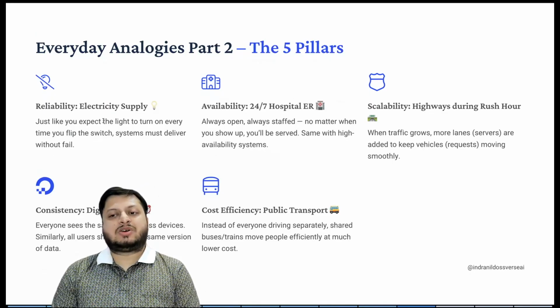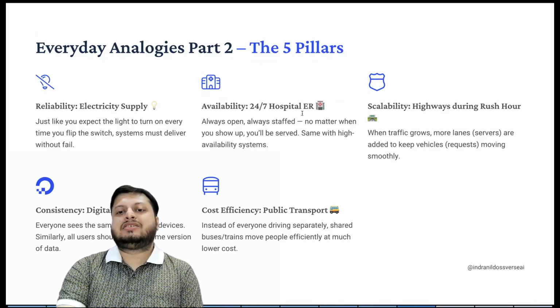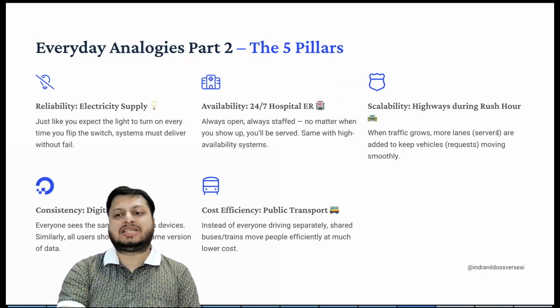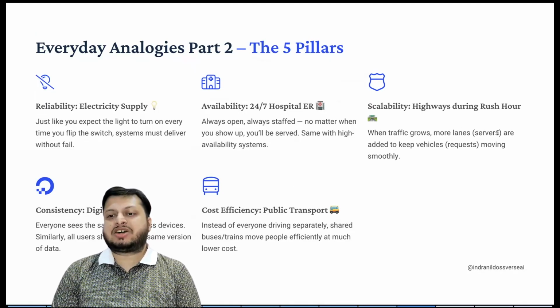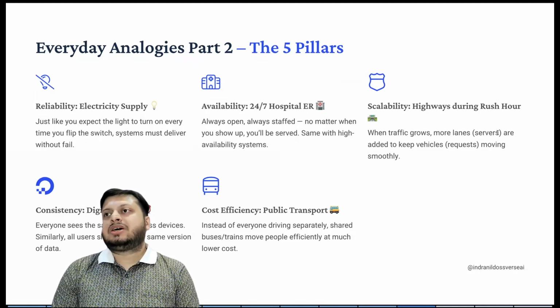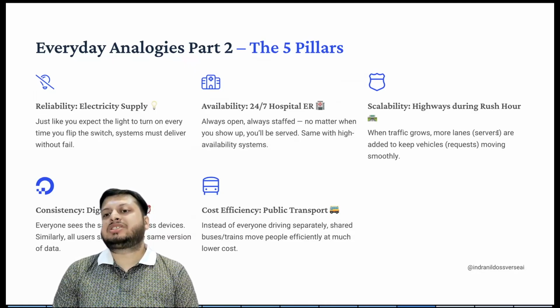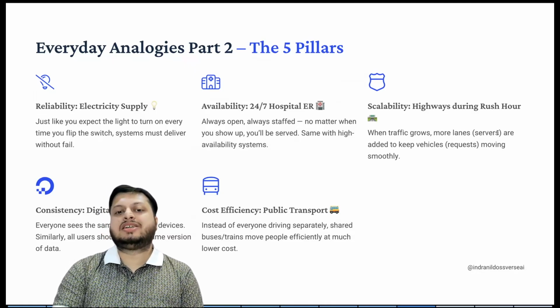Systems must deliver without fail. Availability, like a hospital system that must be available 24/7. Scalability, highways during rush hours with more traffic. When traffic grows, you have to provision more lanes. It's like provisioning more servers whenever your system demands.